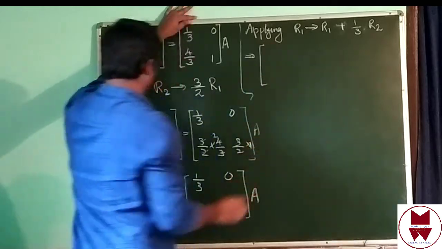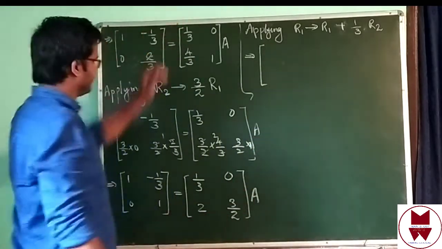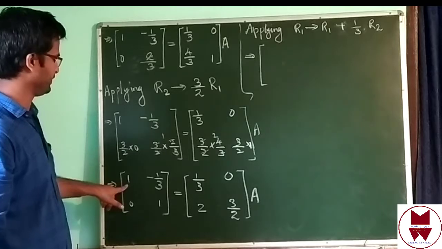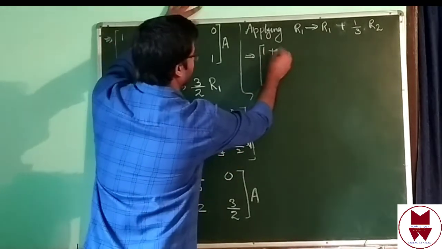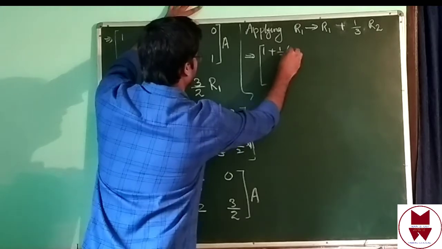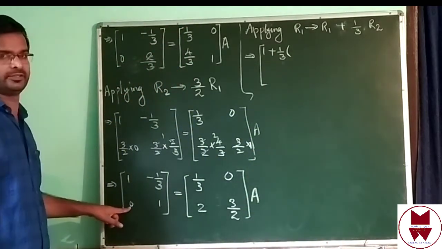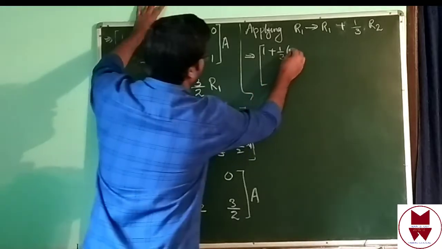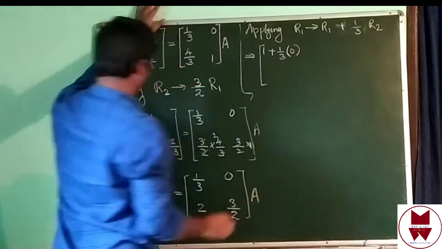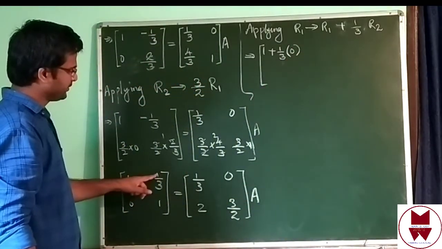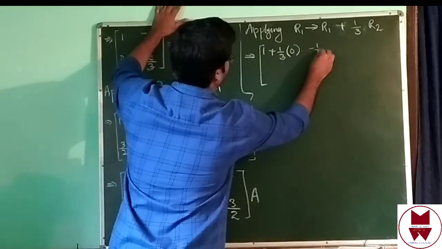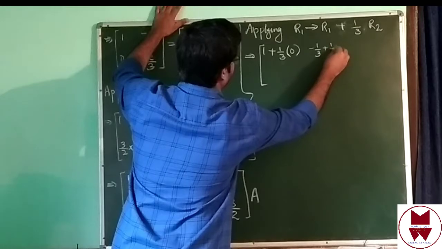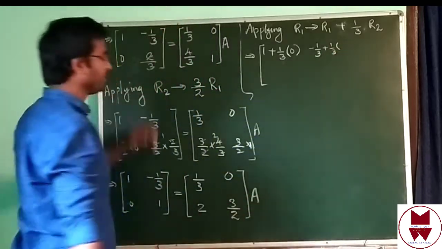Implies matrix. This R1 means here 1 plus 1 by 3 into R2. R2 is 0. Then next step, R1 is minus 1 by 3 plus 1 by 3 into R2.